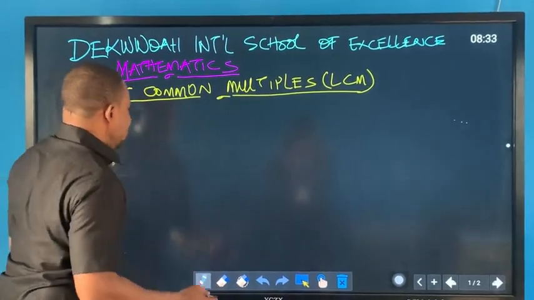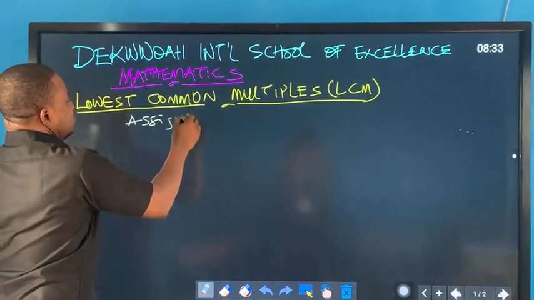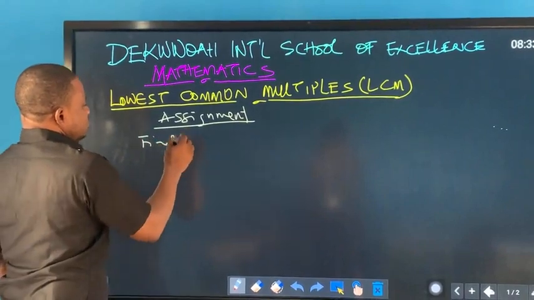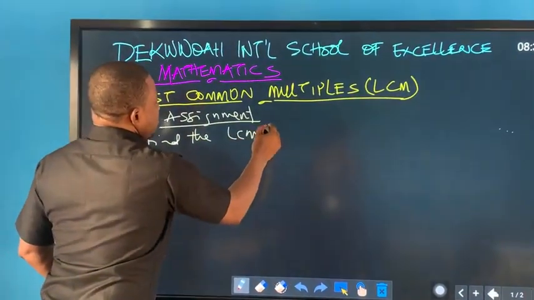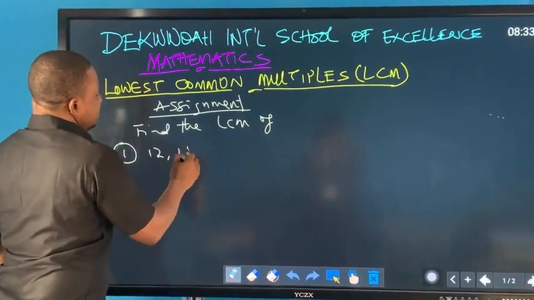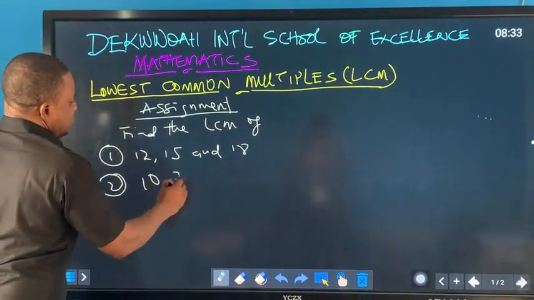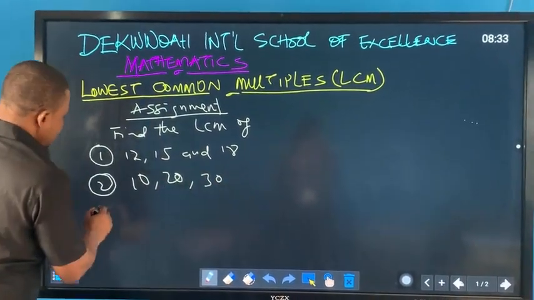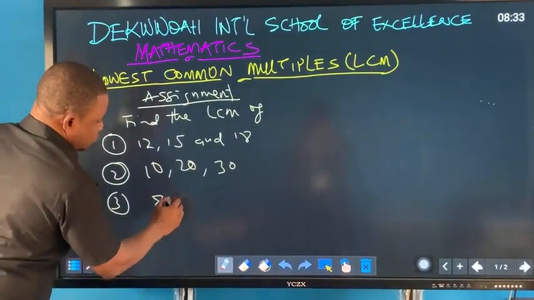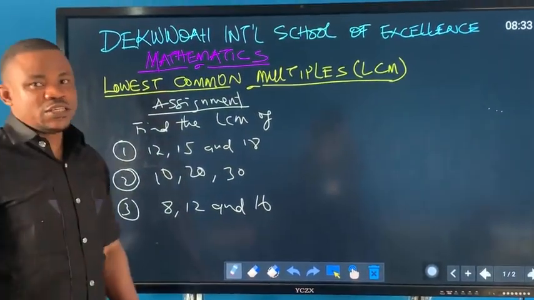Assignment: find the LCM. 1, find the LCM of 12, 15, and 18. 2, find the LCM of 10, 20, and 30. 3, find the LCM of 8, 12, and 16. Just do this once over before practicing. Exactly. Thank you.